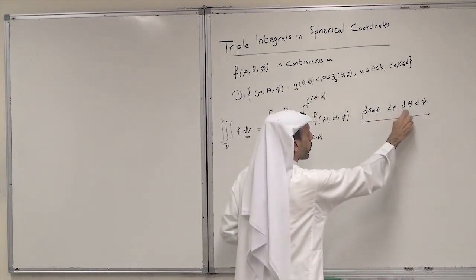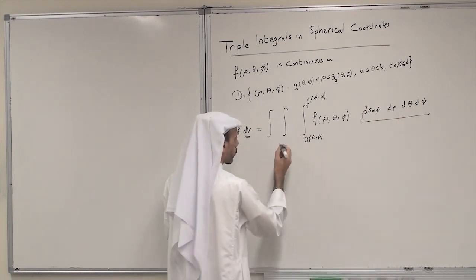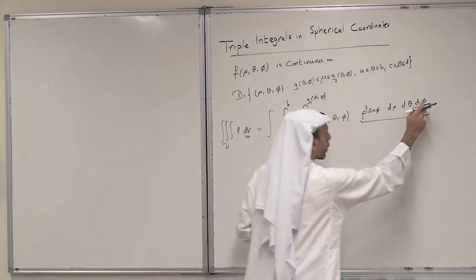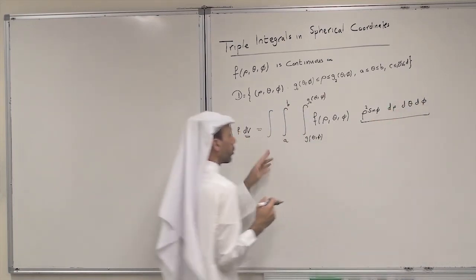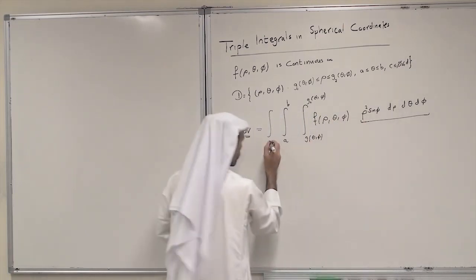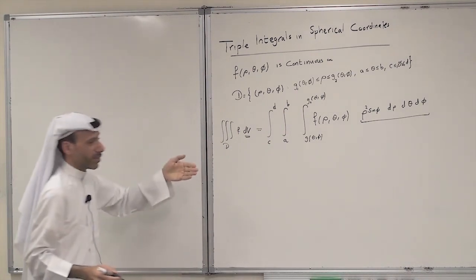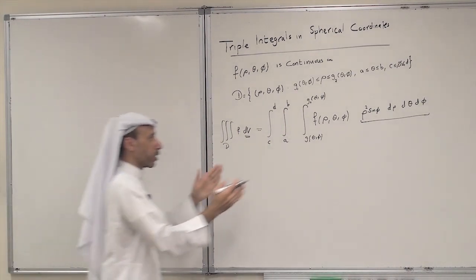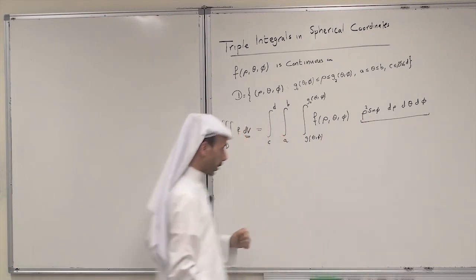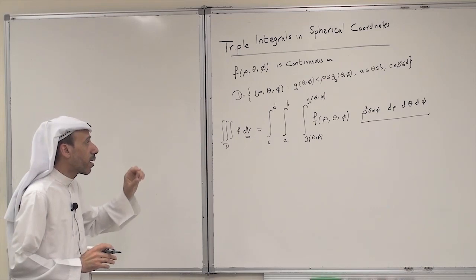Then theta, the middle integral, goes from A to B. Then phi, the last differential, goes with the last integral. The limits are C to D. Then we integrate in the usual way, starting with the innermost, then the middle, then the outer. So this is how to set up the limits of integration.